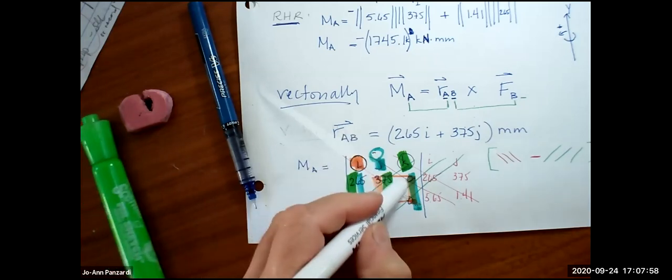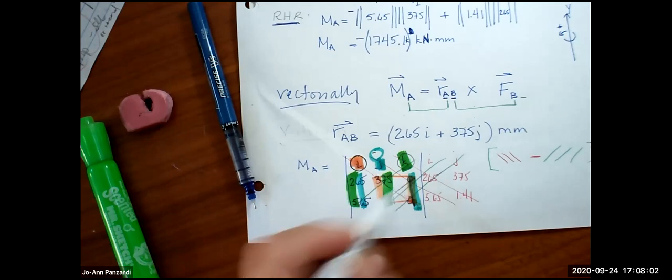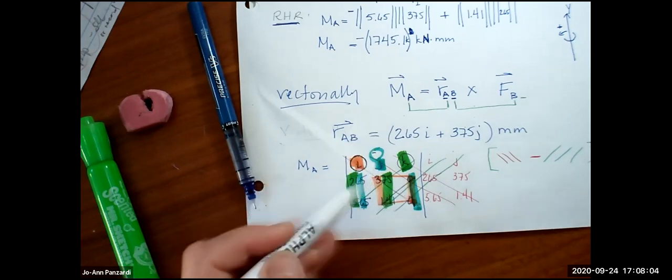In this case, you notice there's zeros, right? So if I did the I, I would get a 0. If I did the J, I'd get a 0.